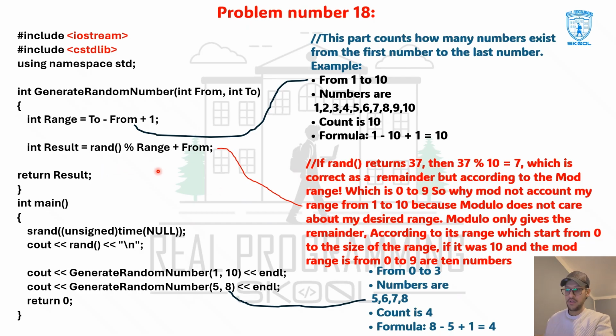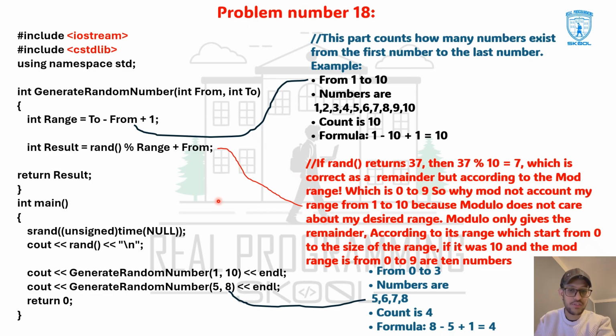No. The numbers are 5, 6, 7, 8. The count is 4. Why are the numbers 5, 6, 7, 8? Because our range starts from 5. After 5, 6. After 6, 7. And the last number in our range is 8. So why did the compiler bring me 1? Because of the modulo range. So how do I shift this modulo range? By using plus from.